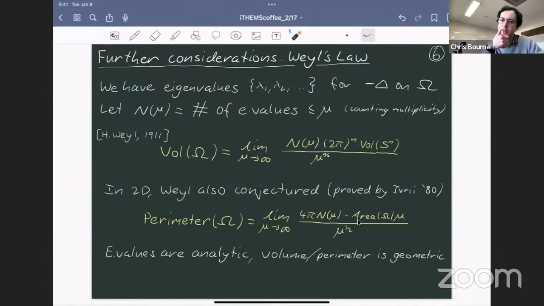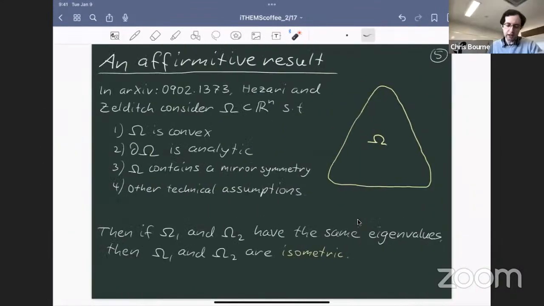I think for a disk, yes, because the disk is pretty nice and regular. But in general, no. So in some sense, that's what this result is saying: here the eigenvalues precisely specify the volume, the perimeter, but also the shape up to isometry.